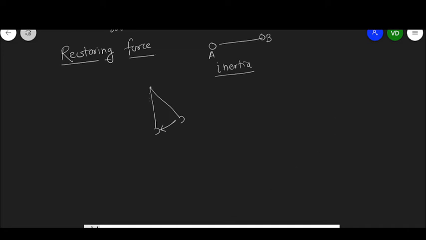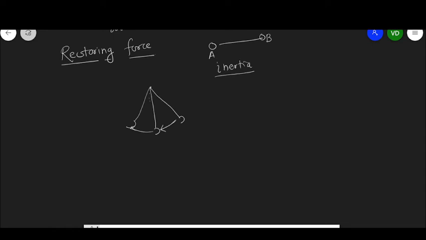A body remains in the state of rest, or if it is in the state of motion, it will remain in the state of rest or motion. So initially it was at rest, it was forced to be in motion, it will try to remain in motion. Of course, there are external forces which will reduce the amplitude, but now we are taking the ideal condition.